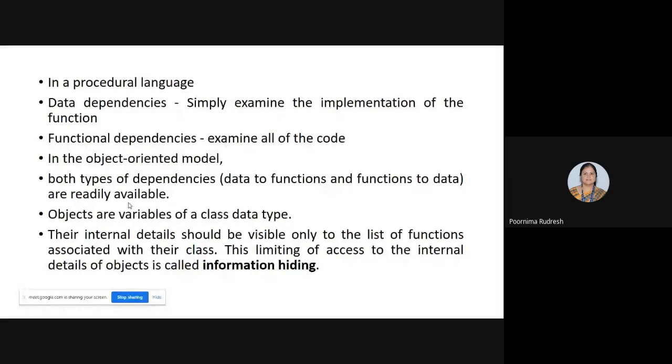But these two dependencies are readily available in the object oriented model. So we do not need to worry about these two dependencies in the object oriented model, and objects are treated as variables of a class data type. Hiding the access details or the implementation details or the internal details of the object is called information hiding.